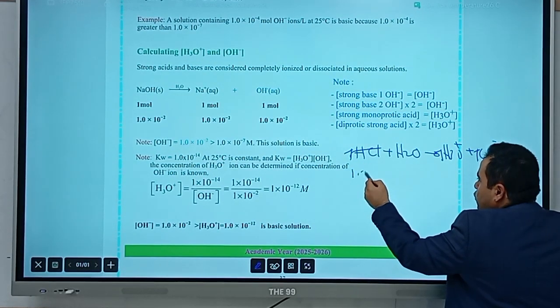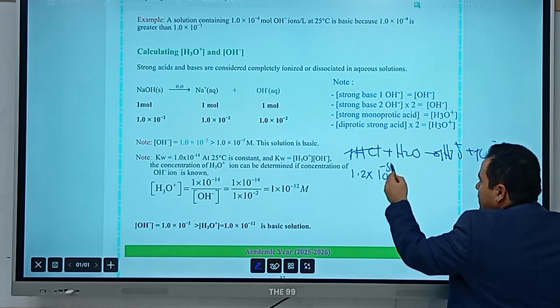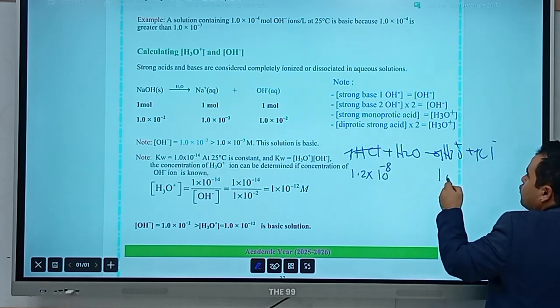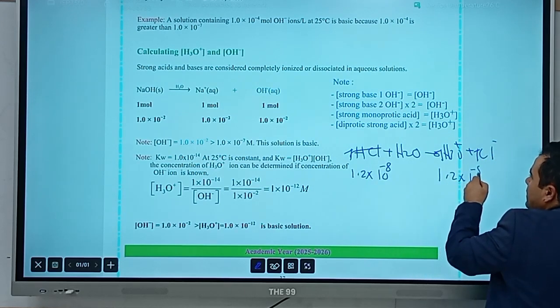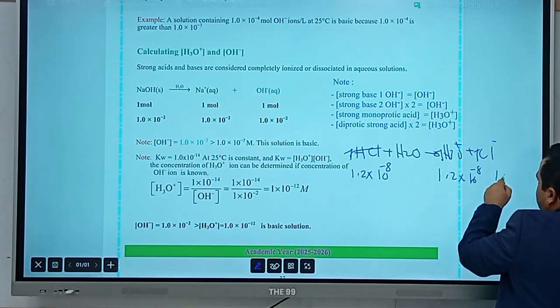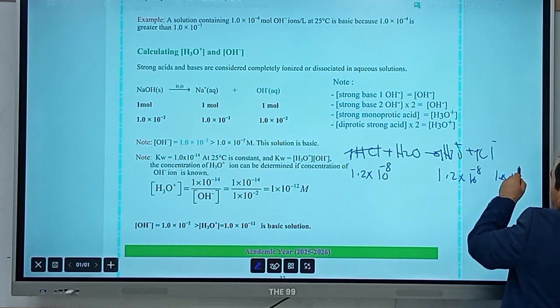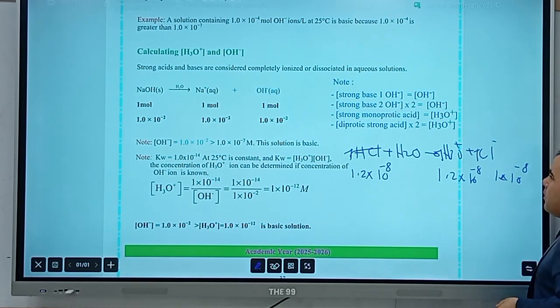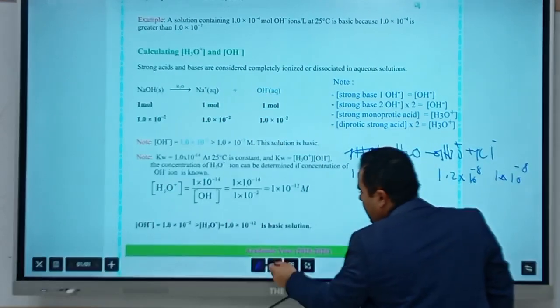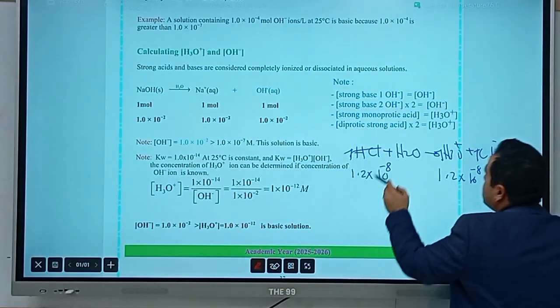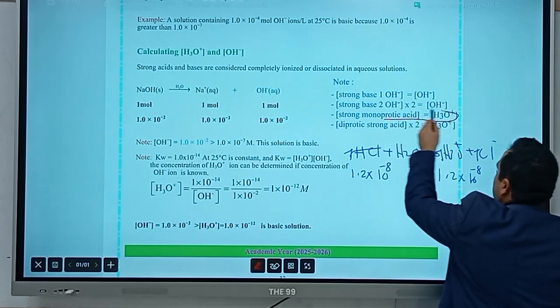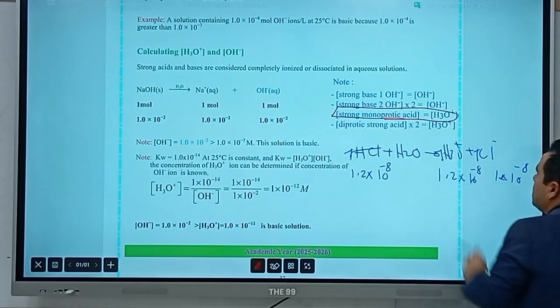So any amount, 1.2 times 10 to the power minus 8 HCl, will produce 1.2 times 10 to the power minus 8 hydronium, and 1.2 times 10 to the power minus 8 Cl as well. So completely we can say it's ionized and produces the exact amount of hydronium. So we can represent the relation like that.